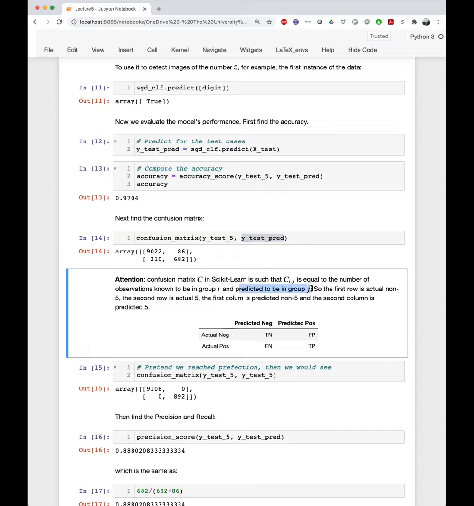So in this case, look at the columns here, they are about predicted, and the rows are about actual cases.